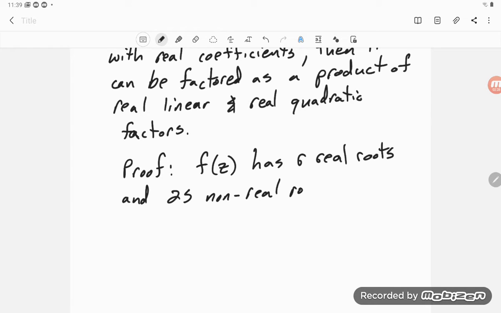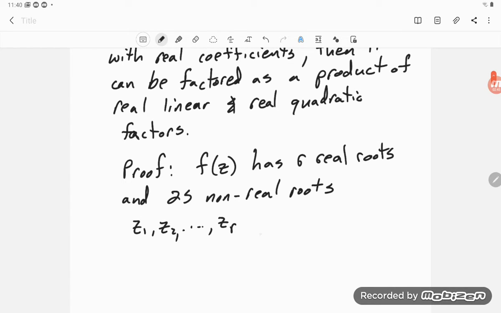Okay, and so the real roots we'll call z1, z2, up to zr.